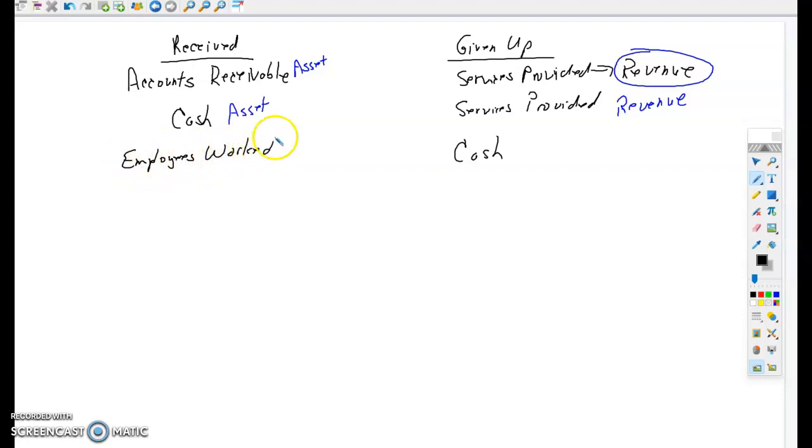So they have provided services, past tense, they've already worked. So that is an expense. We have consumed the services of the employees. They worked for us. The business has consumed that cost. Cash is an asset. Cash is going down. We gave it up. The expense for employees worked.